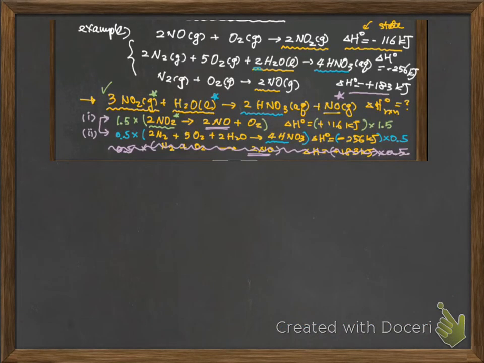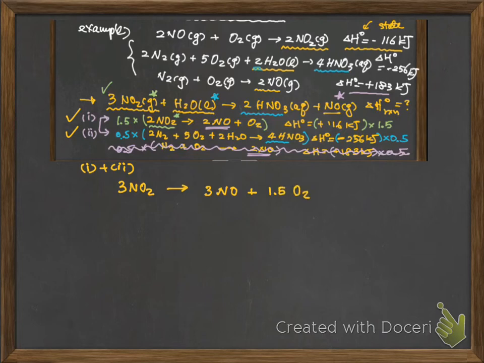Okay, so I copied down from the previous slide, and then let's deal with the first and second equations that I showed. Let's say 1 plus 2 will give me 3NO2 becomes 3NO plus 1.5 O2.